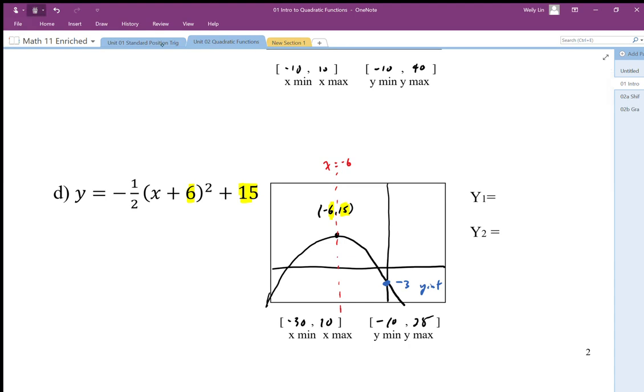Our zeros for this graph, that point here and that point there, those are the zeros of that graph. I'm going to calculate the zeros. We have a 0 at negative 0.5. I'm going to round this to 5.2.